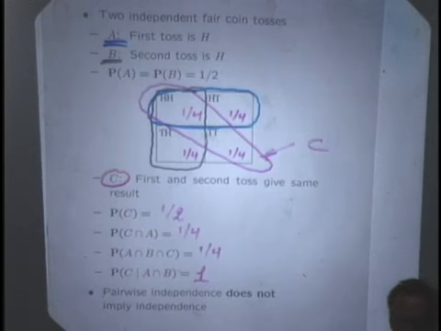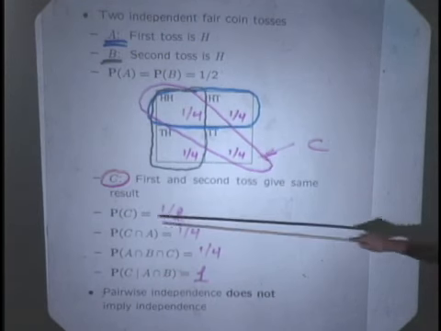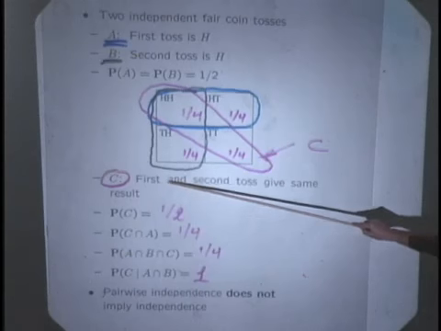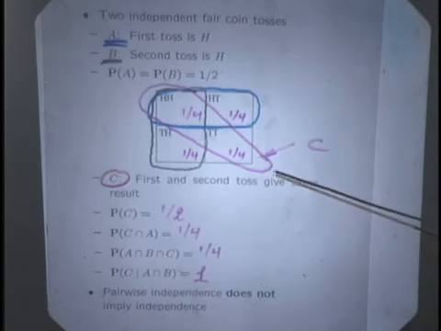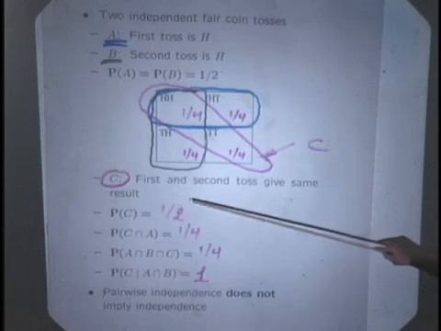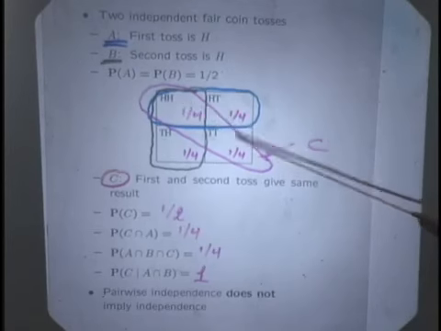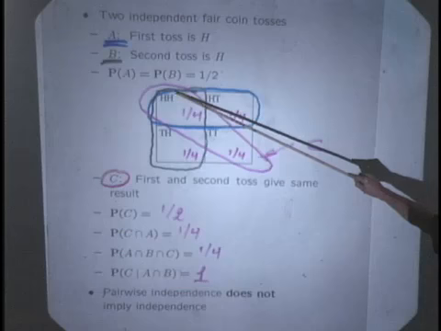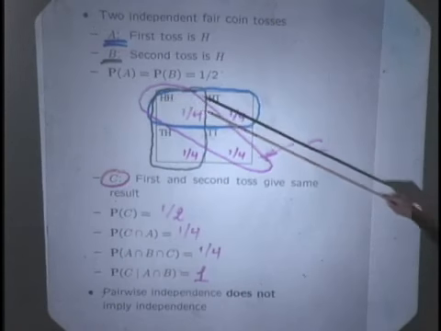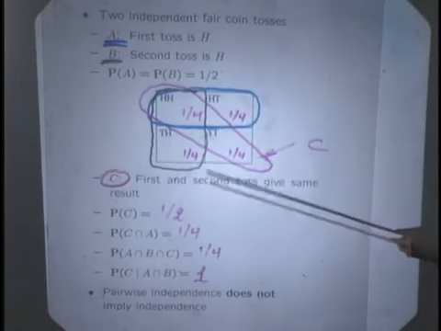So do we have independence in this example? We don't. C, that we obtain the same result in the first and the second toss, has probability 1/2. Half of the possible outcomes give us two coin flips with the same result, heads, heads, or tails, tails. So the probability of C is 1/2.